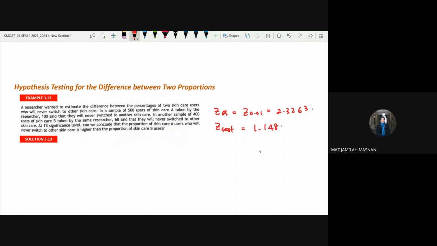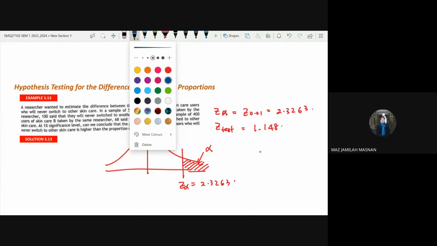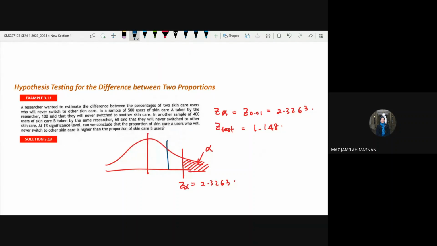If you draw, let's say this is your Z alpha and this is your alpha, this gives 2.3263, and then the Z test is 1.148. Let me put it in a different color. So let's say this is Z test equal to 1.148.